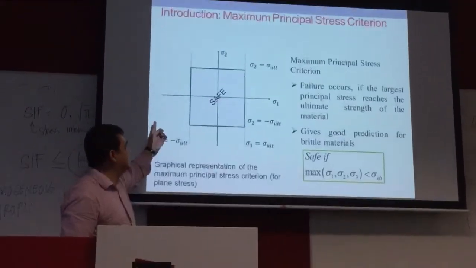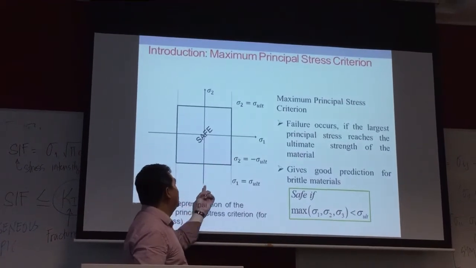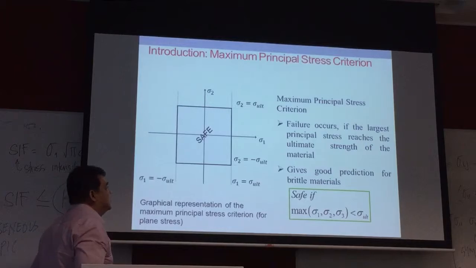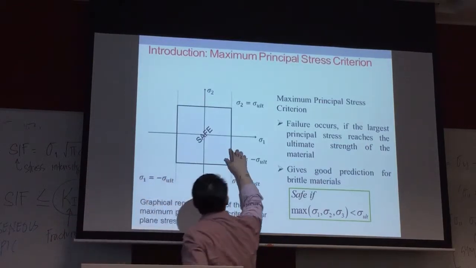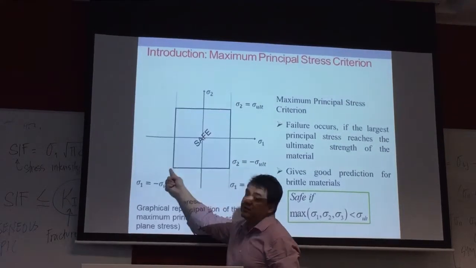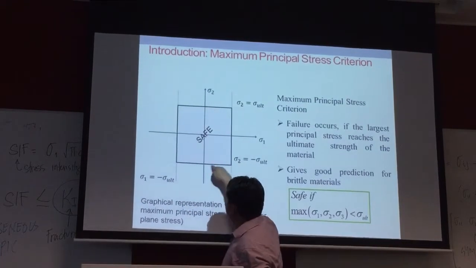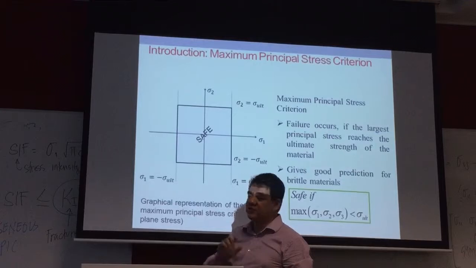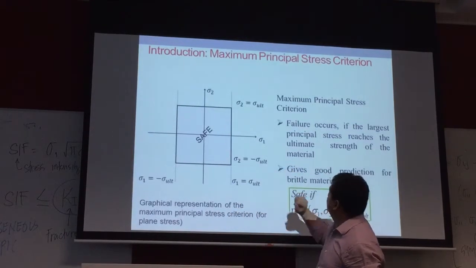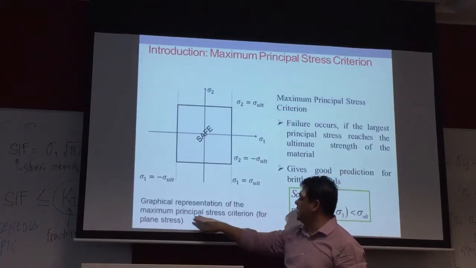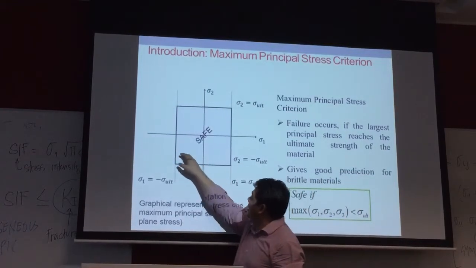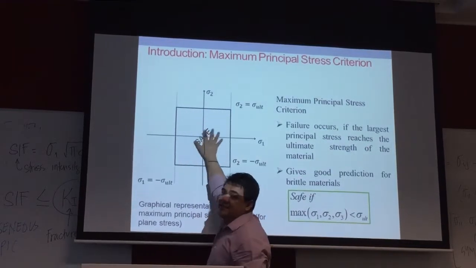You have your axes sigma 1, sigma 2. This one is sigma 1, draw a straight line, sigma 2, and then you have a rectangle. Sigma 1 and sigma 2 only. So this is the graphical representation of the maximum principal stress criterion, and this is your safe zone.